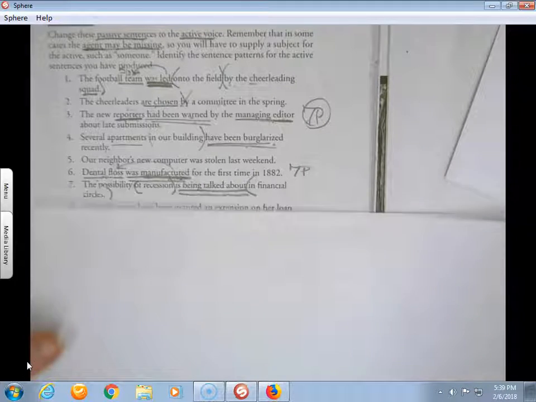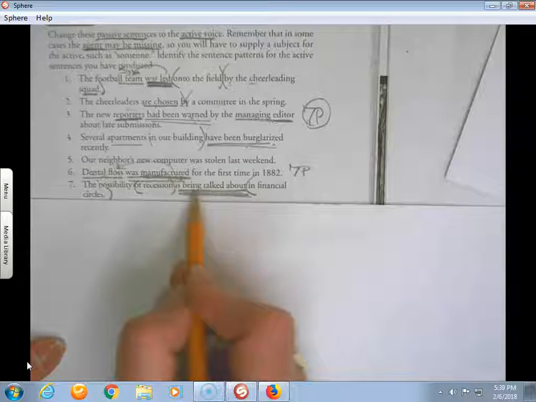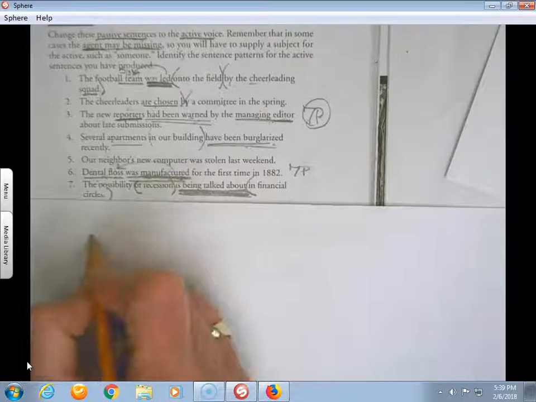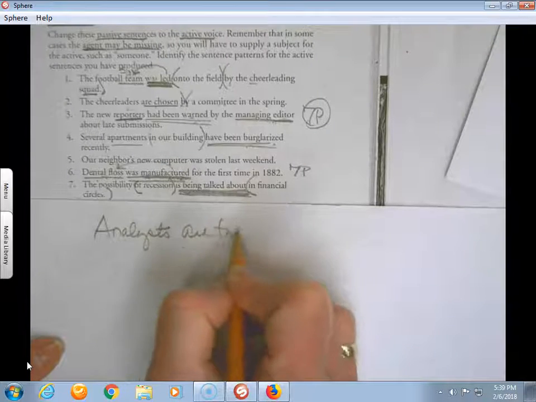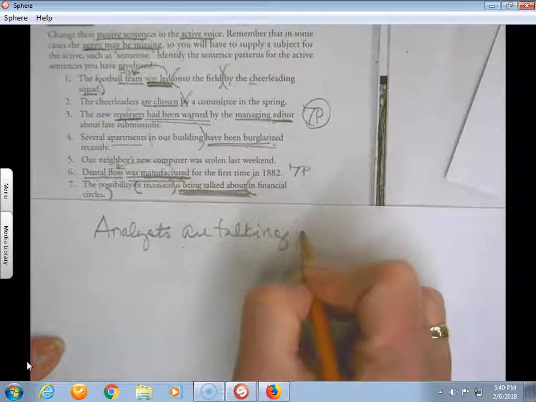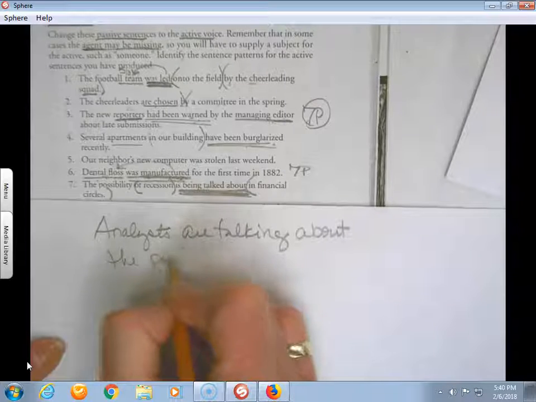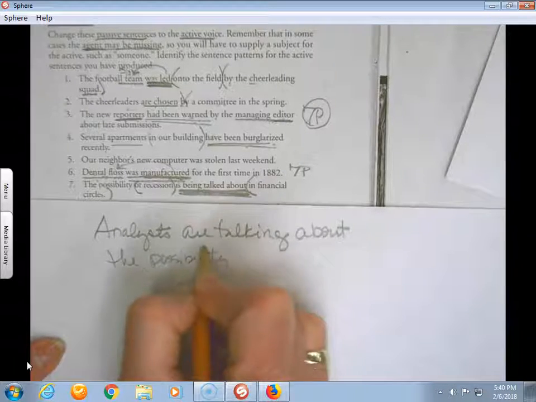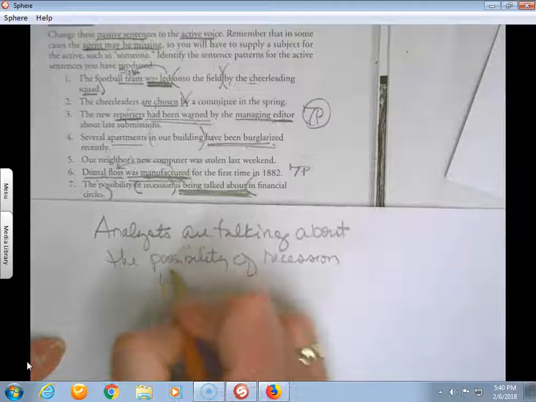But if I want to make it passive, I have to look at the thing, the verb is being talked about, and I say, well, who's doing the talking? Who's talking? Well, the sentence doesn't tell me. So I might say analysts. I don't know, financial analysts, right? So I'm going to say analysts are talking about the possibility of recession in financial circles.